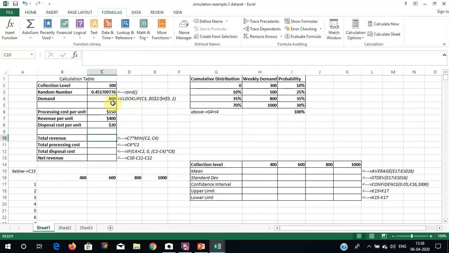So what is our total revenue? It is equal to revenue per unit into the minimum of this and this.